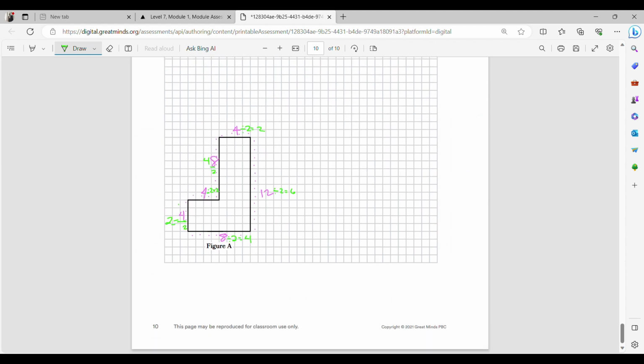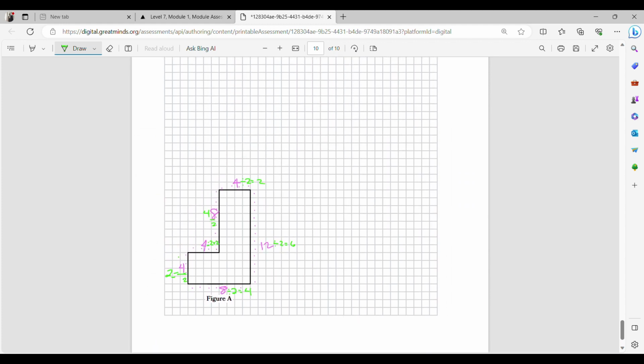Alright, so we're going to draw according to these new green dimensions. The bottom is 4 across. So let's do 1, 2, 3, 4 to match this 4. We're going up by 6. 1, 2, 3, 4, 5, 6.